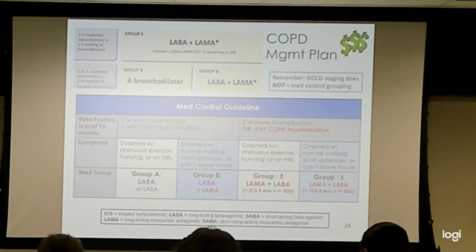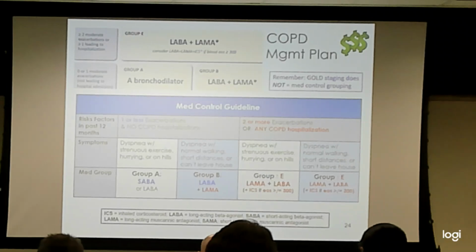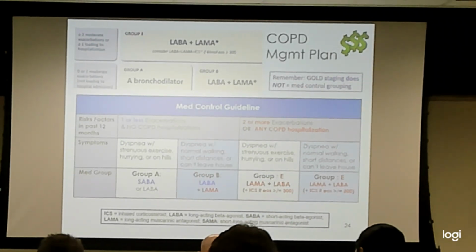With all of these guidelines, we always have to remember, what if you can't afford the combined med and all you're working with is this new guideline? You can use the medication separately still, it's fine, they still work. It just doesn't make as much money for the company that's making the combined LABA-LAMA right now.